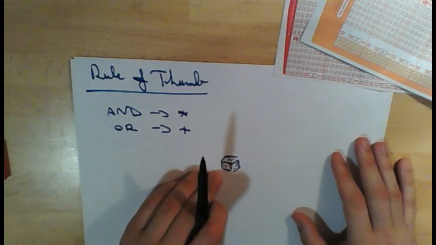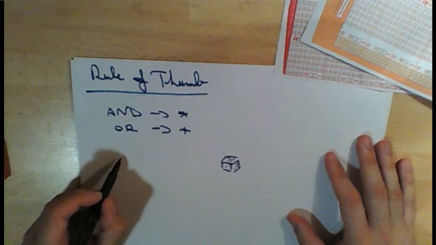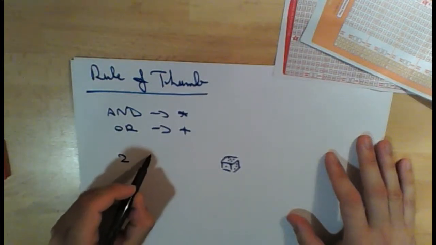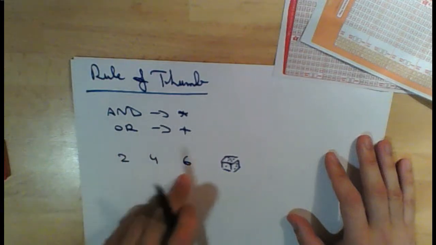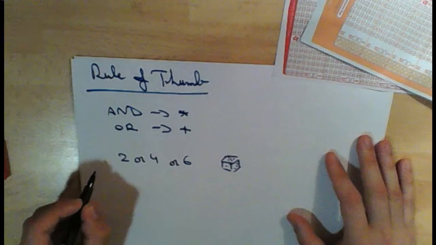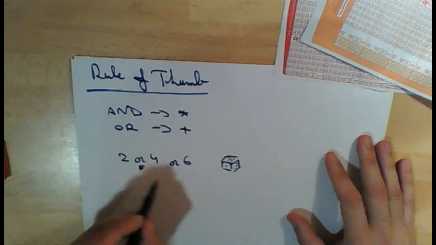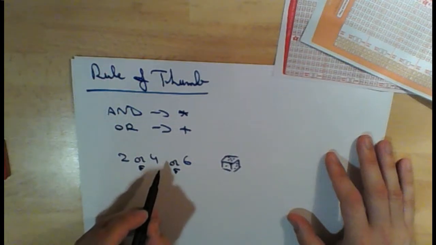What are my odds of rolling an even number? Well, I could roll a 2, or I could roll a 4, or I could roll a 6. These are all the different ways I could roll, and I say 2 or 4 or 6.